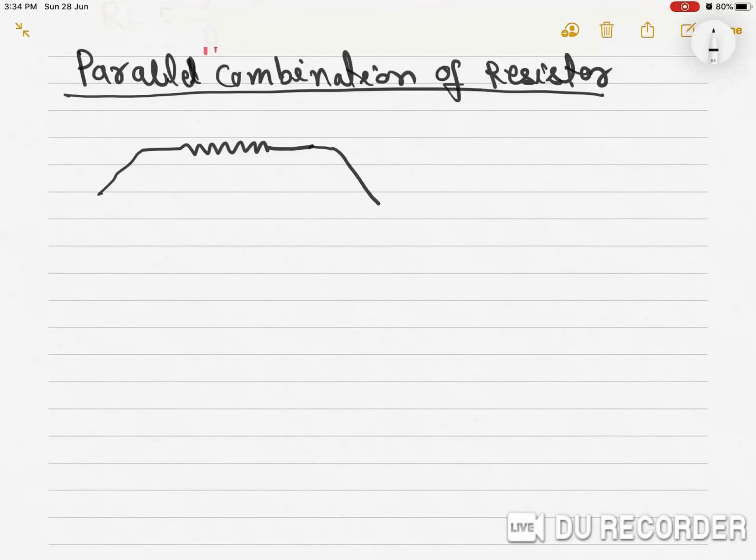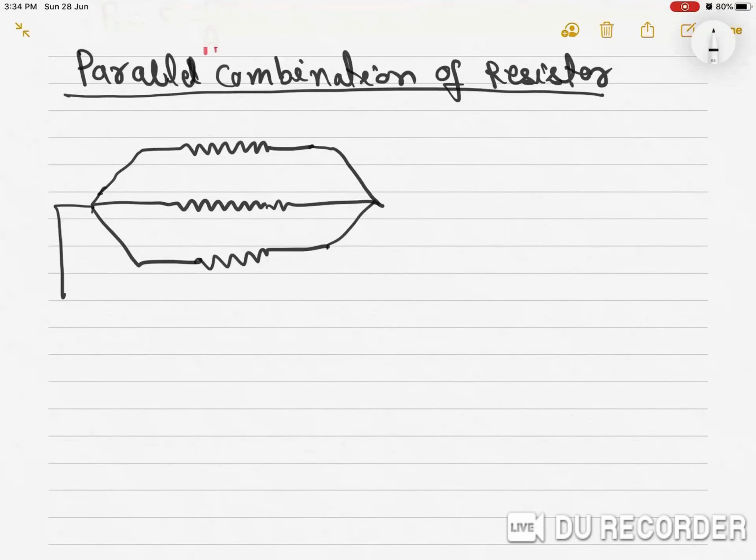Resistances connected in parallel. All resistors are between the same 2 points. R1, R2, R3.